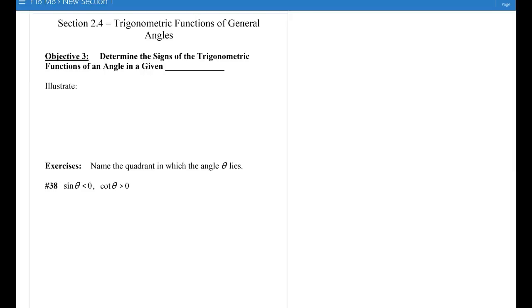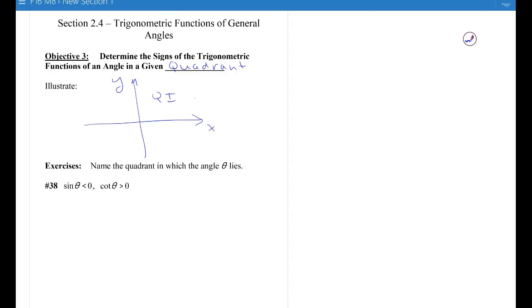And let's move on to objective 3, which is determine the signs of the trigonometric functions of an angle in a given quadrant. So here's the coordinate plane, the xy coordinate plane. And we already know that in the first quadrant, quadrant 1, x and y values are both positive.